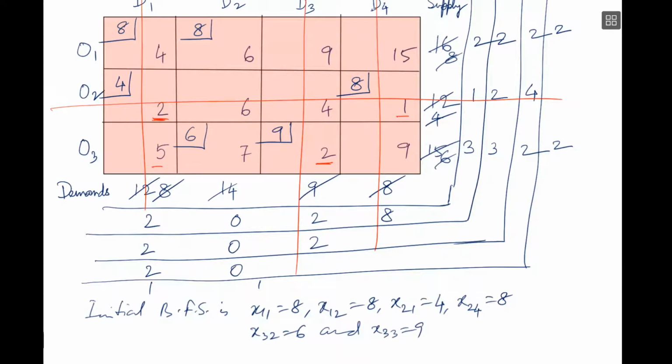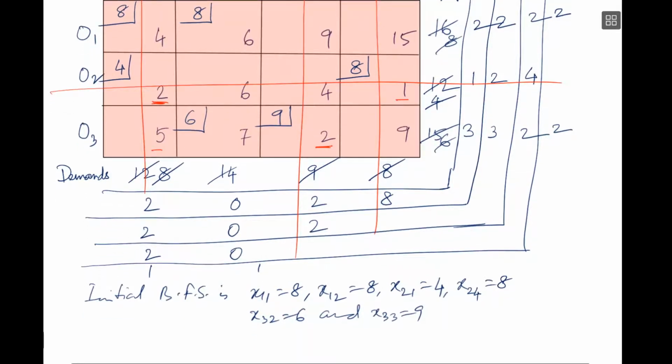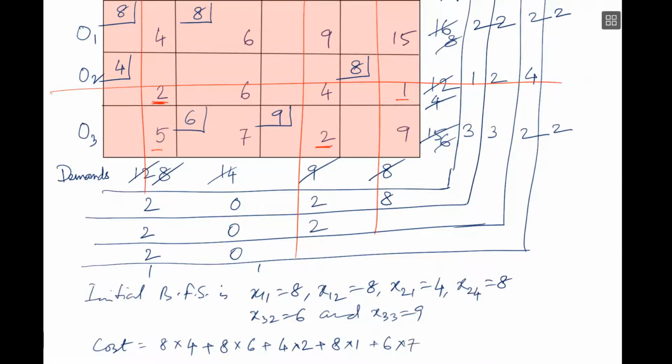And so we have the cost: 8 into 4 plus 8 into 6 plus 4 into 2 plus 8 into 1 plus 6 into 7 plus 9 into 2 equals. Have we got the same solution as in the matrix minima?